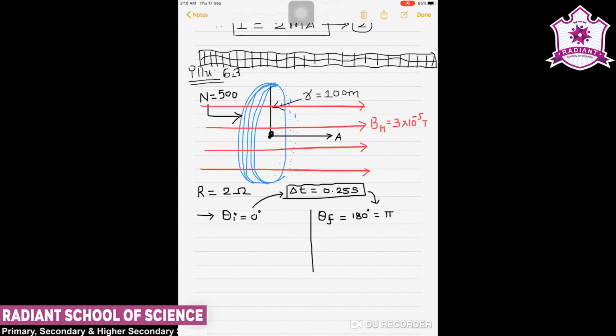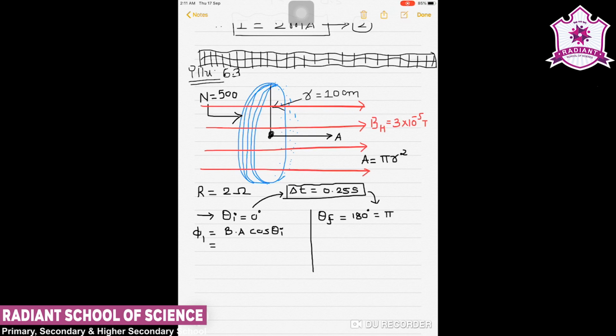So first of all we will find the value for phi 1. So phi 1 is equal to B into A cos theta I. Now B is given, that is 3 into 10 raised to minus 5. Area is given, that is on the basis of radius we can get area is equal to pi r square, so we can get it also.